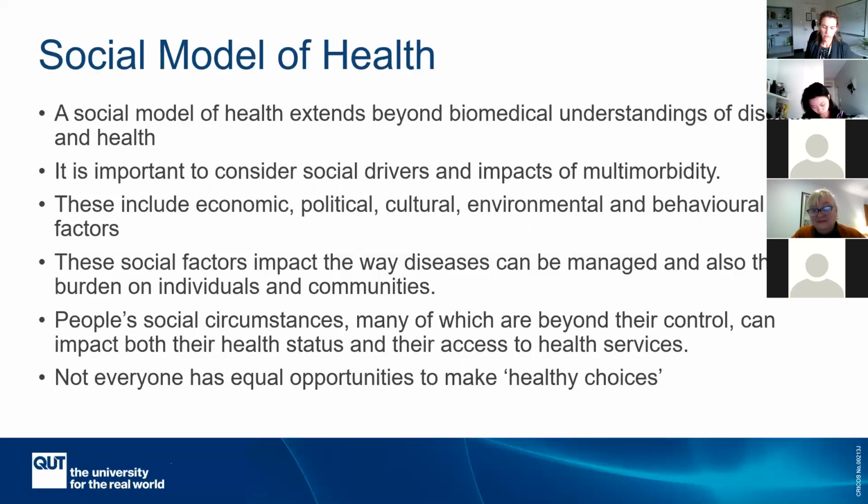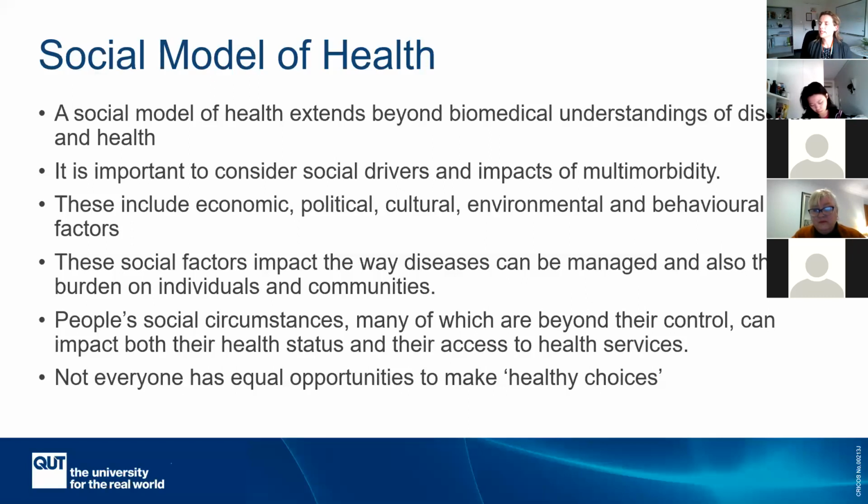And so if you've seen the WHO or the World Health Organization's definition of health, it's not about the absence of disease. It's about the emotional and social well-being and cultural well-being as well. And I think we really need to reflect that people's social circumstances, many of which are beyond their control, can impact both their health status and their access to health services.